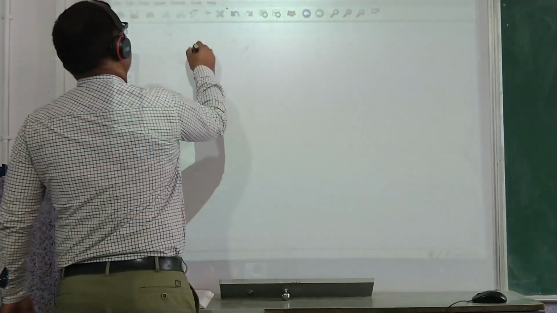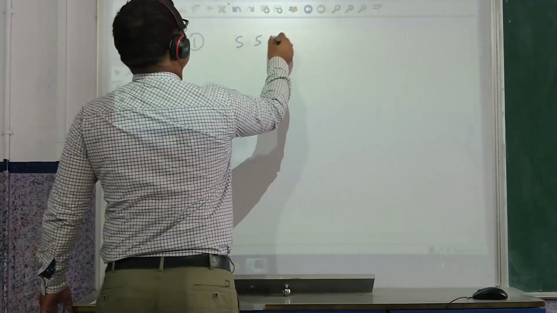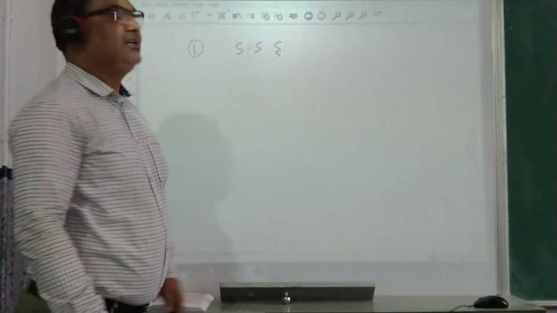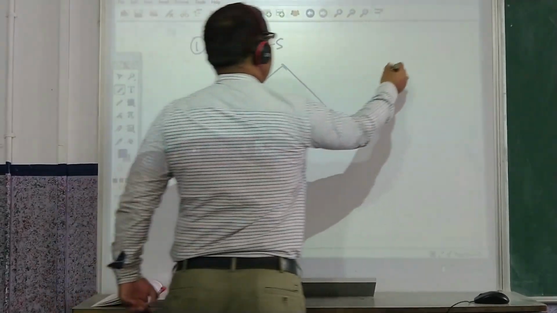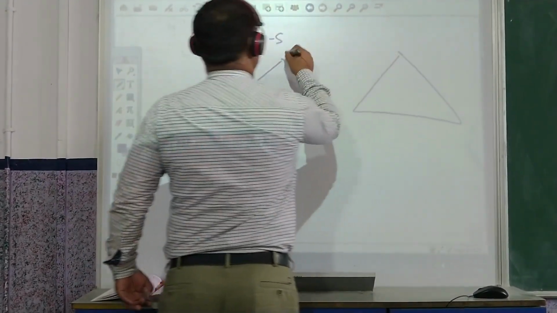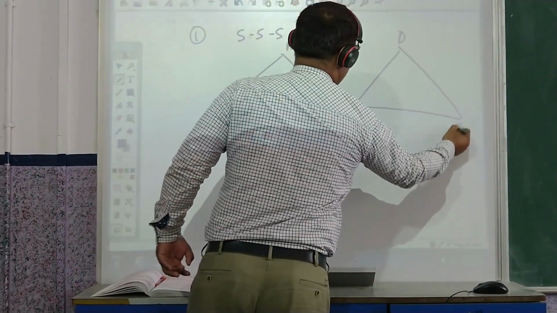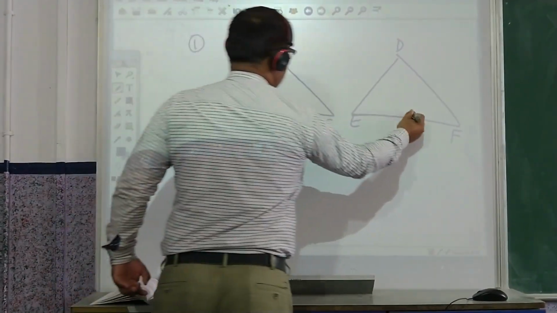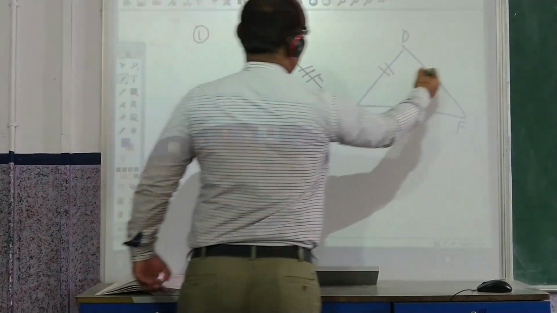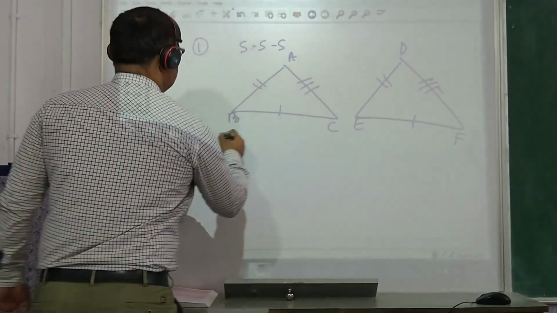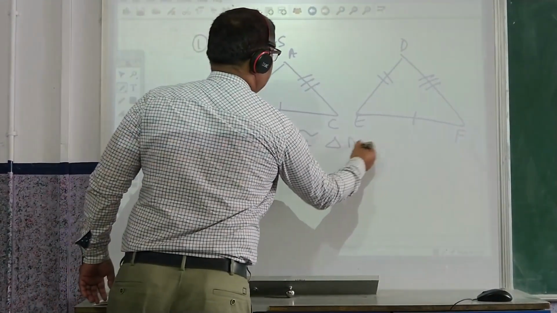So the first criteria for congruency is SSS, side side side. So if all the three sides of one triangle, that is ABC, and DEF, suppose BC equals EF, AB equals DE, AC equals DF, then triangle ABC is congruent to triangle DEF.